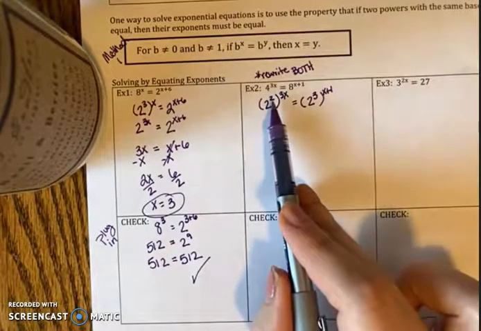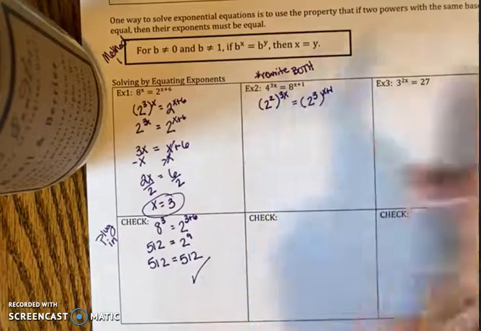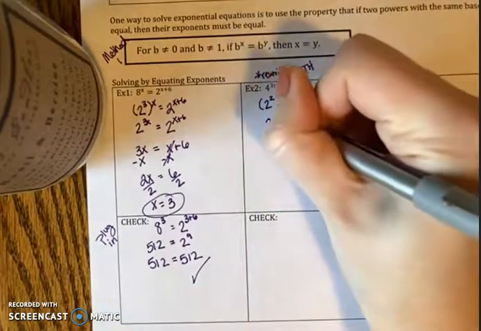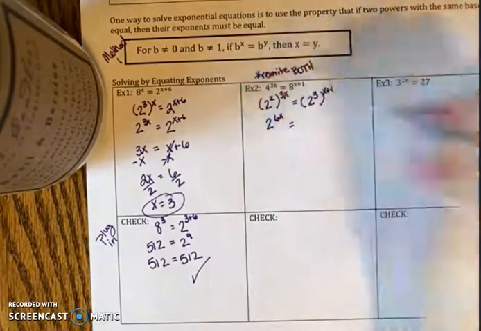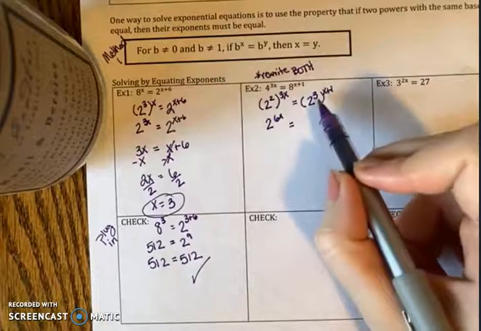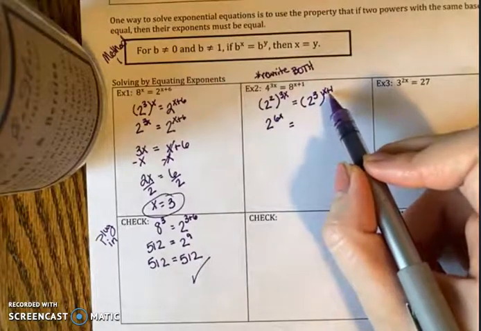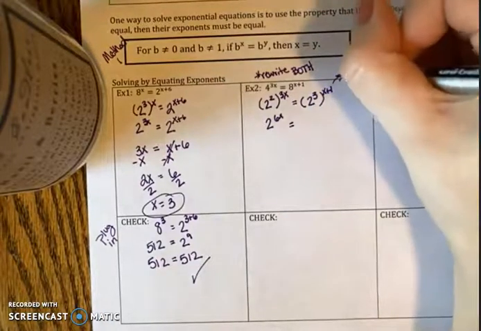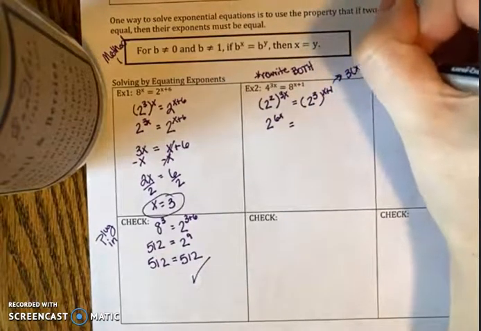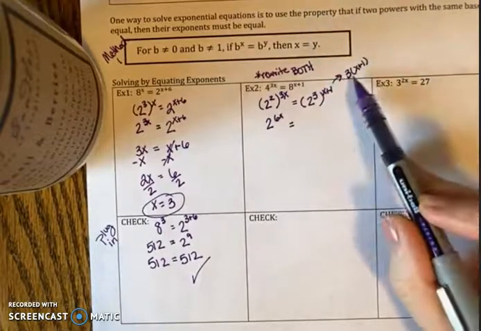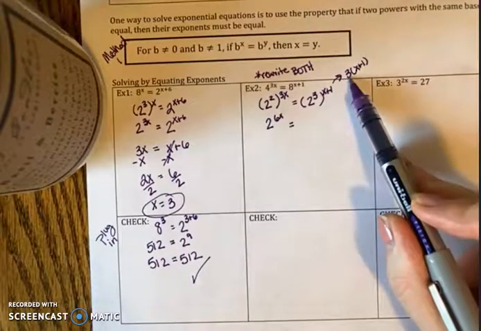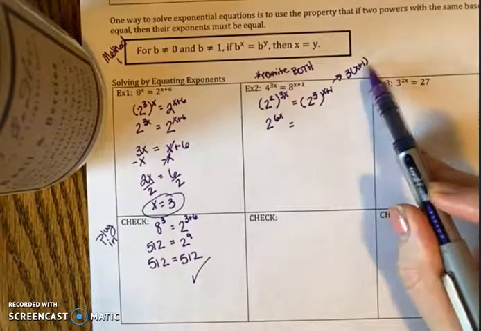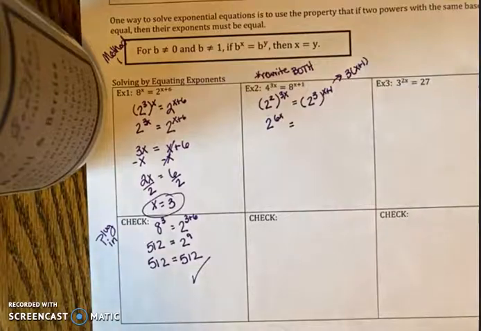So I have 2 times 3x, which gives me 2 to the 6x power. And then here I have 3 times x plus 1. Hopefully by writing it this way, you can see that 3 needs to go to both of the terms inside of the parentheses.